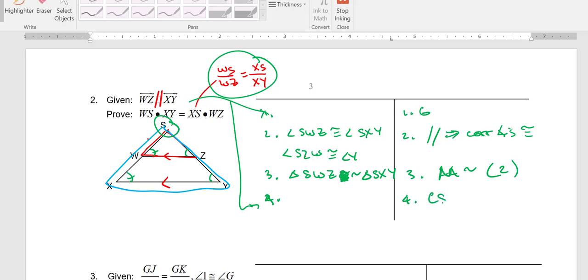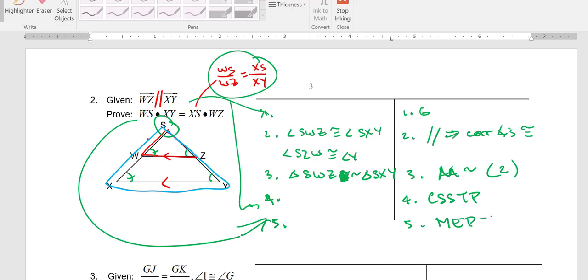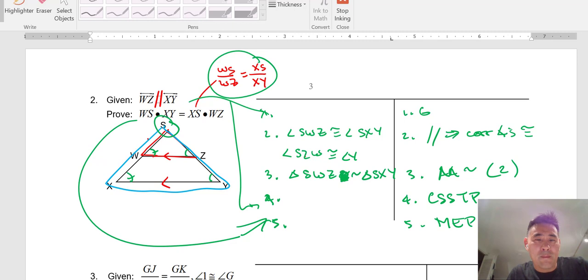That's going to be a CSSTP: corresponding sides of similar triangles are proportional. And then now I can say that this is true in step 5 because of MEPT, means extremes products theorem. And that's it. I think I'm going to stop here and let you try some proofs on your own. All right, good luck with them.